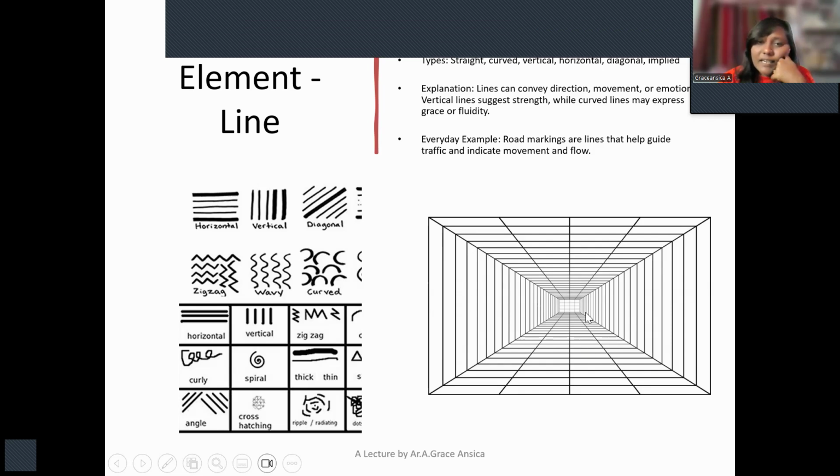Every line is taking me to that center point. Center is not highlighted. I didn't put any sketch. I didn't put one dot over there. But automatically, because of the positioning of the lines, because of how they are located, your eyes are directly going to the center of that particular image. So lines convey direction.